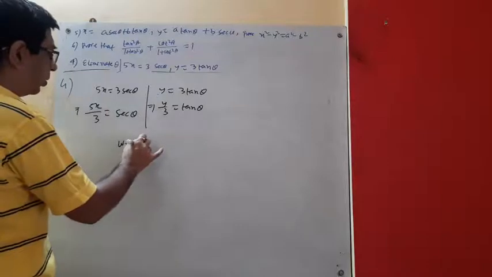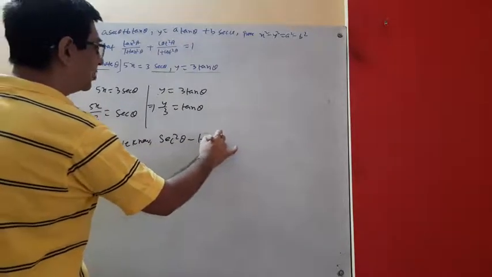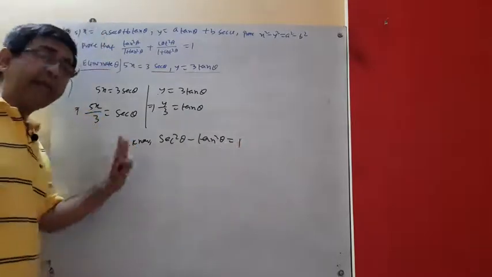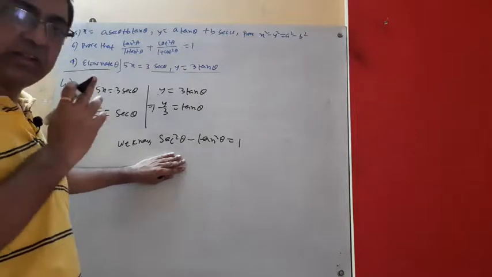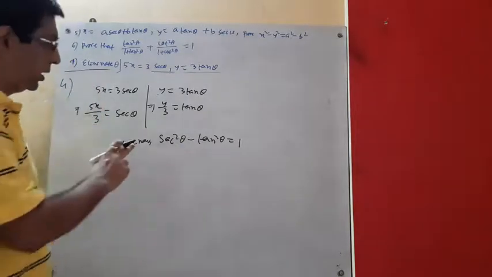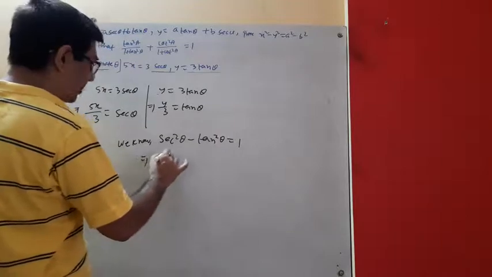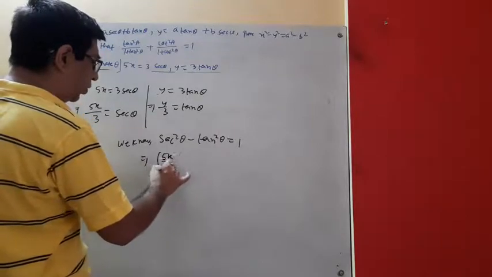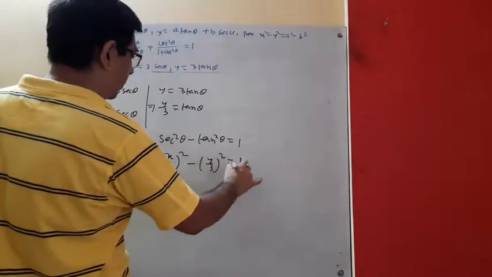We know sec square theta minus tan square theta equal to 1. By applying this formula, I have already discussed in the previous videos. That means 5x by 3 whole square minus y by 3 whole square equal to 1.